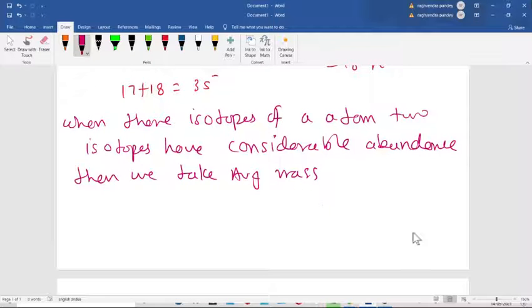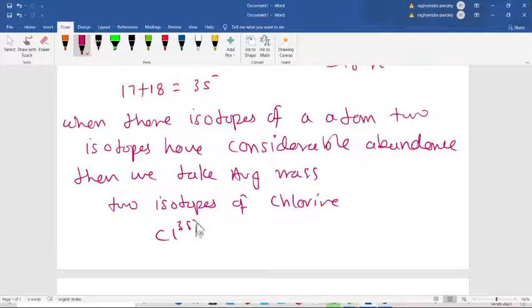So abundance of chlorine. I really don't know what the exact values are. There are two isotopes of chlorine. One is chlorine 35 and another is chlorine 37.